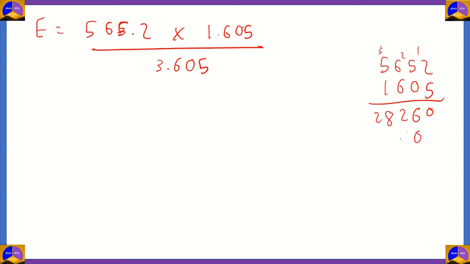Then you have zeros here for the second, and then for 6, you'll have 2 times 6, that's 12, 5 times 6, that's 30, 30 plus 1 is 31, 6 times 6 is 36, 36 plus 3 is 39, and then 5 times 6 is 30, 30 plus 3 is 33, and then you have 5, 6, 5, 2, 000.